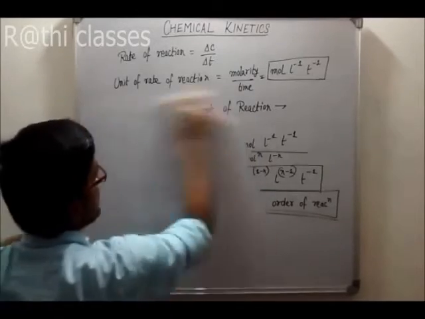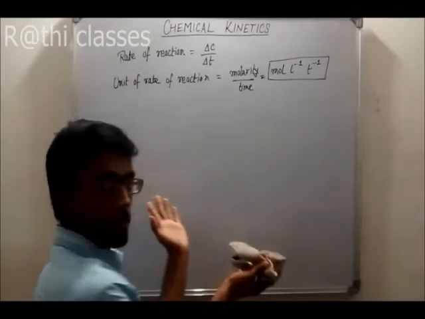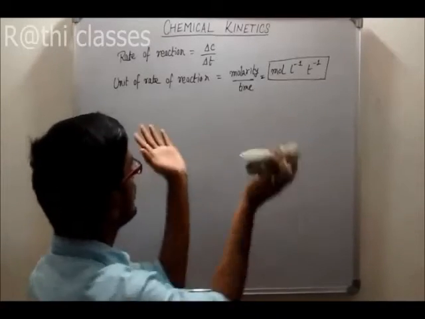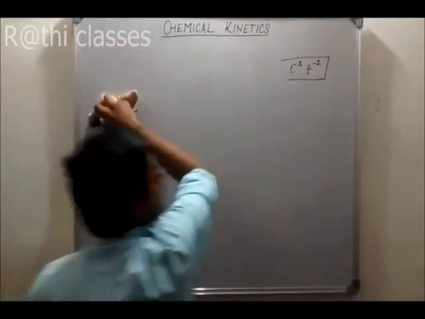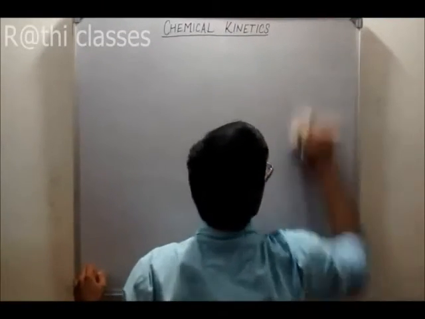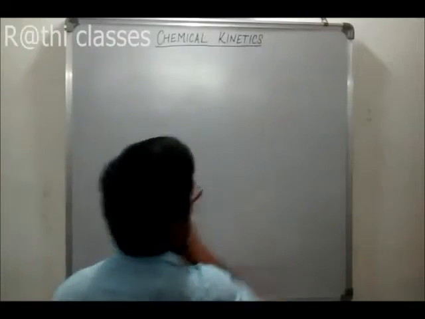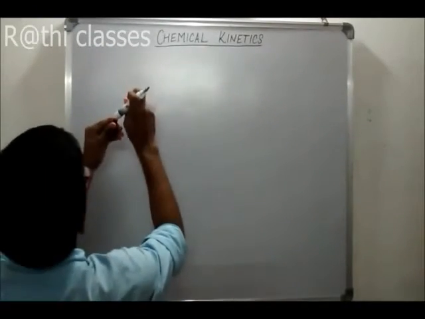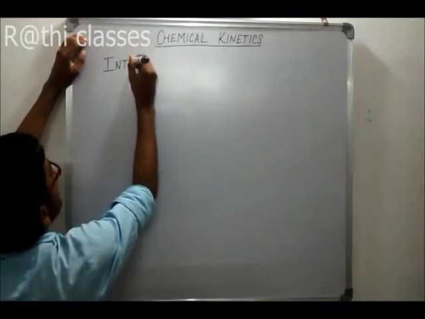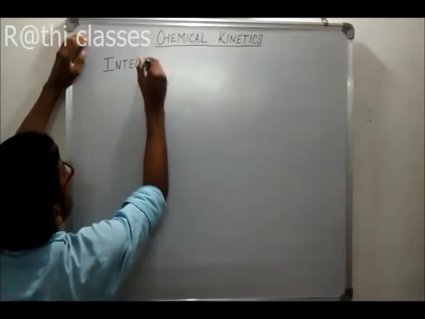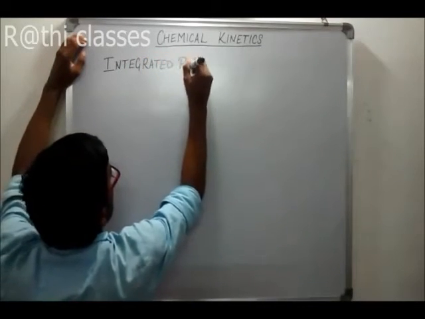Now let's take up the second part, which is the integrated rate law. We will use this rate of reaction as a tool for getting the theory of integrated rate law. Integrated rate law is the most important part of this chapter. So now, let's start with the integrated rate law.